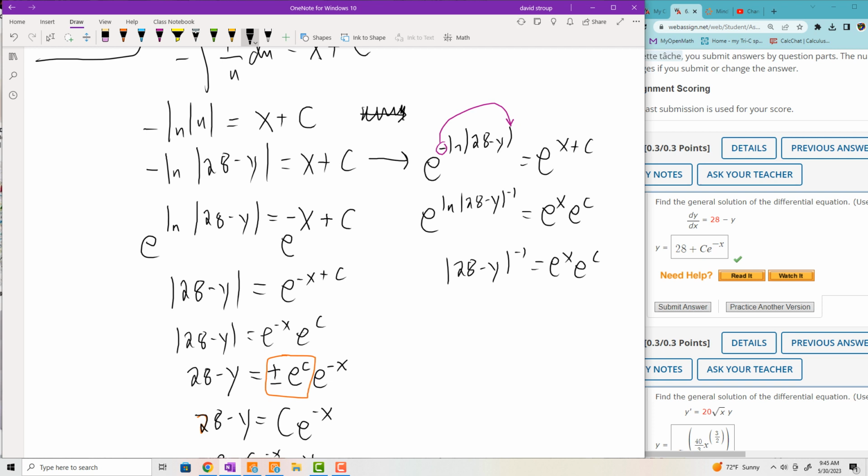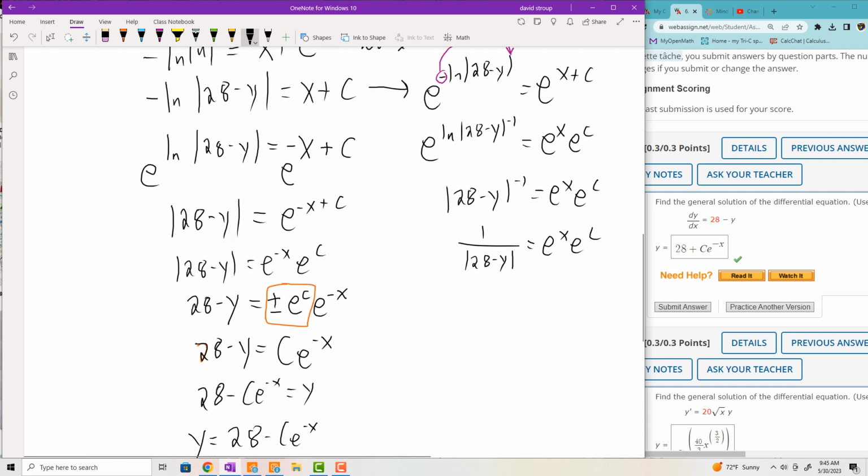The negative 1 exponent is going to drop that expression into the denominator. And then to get y out of the denominator, you can cross multiply, or you can divide, multiply both sides by the 28 minus y, divide both sides by e to the x, e to the c.